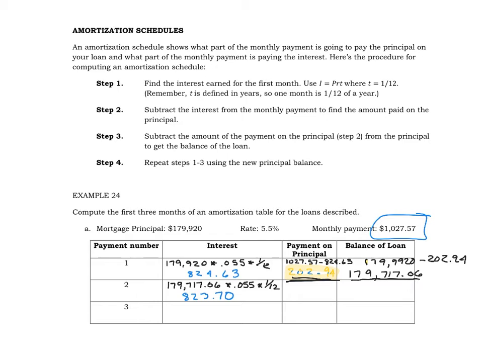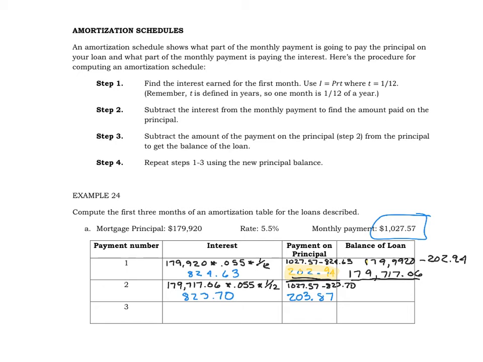Step 2, again, was to subtract the interest from the monthly payment to find the amount paid on the principal. So $1,027.57 minus $823.70, and I get $203.87. I think we learned the lesson about the highlighter before.